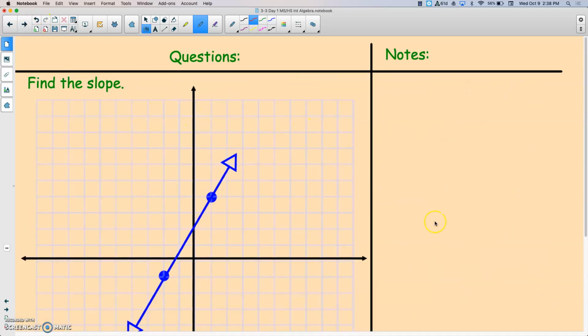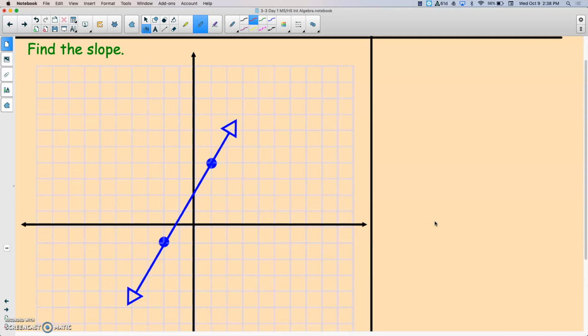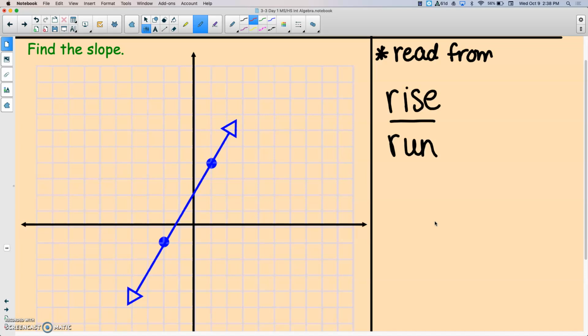So finding the slope from a graph, I'm going to use rise over run, and I'm going to read my slope from left to right. So the point on the left is right here. The point on the right is right here.